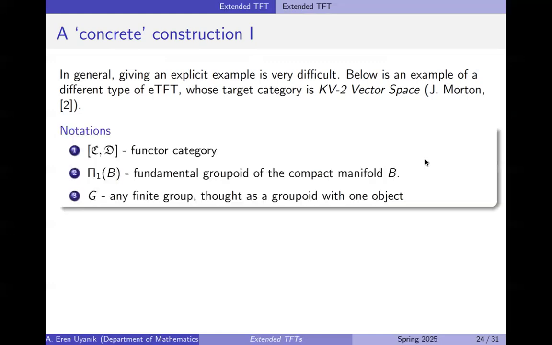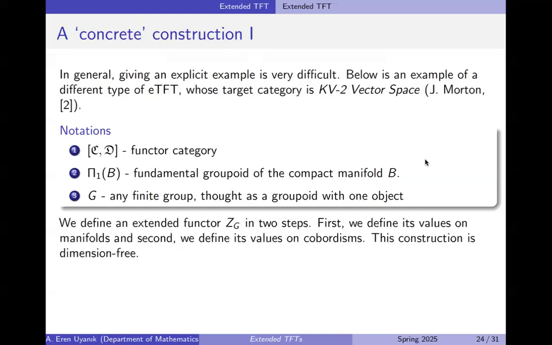Okay, notation. These brackets mean functor category. Objects are functors and the morphisms are natural transformations. This pi1 is the categorified version of the fundamental group of a topological space. And we see G, a finite group, as a category with one object, a group with one object.